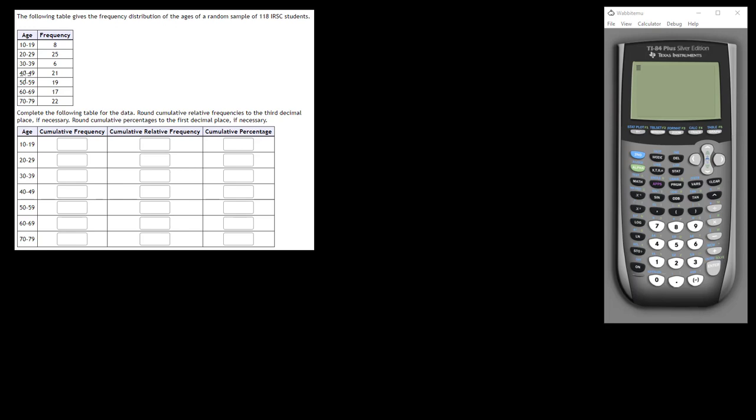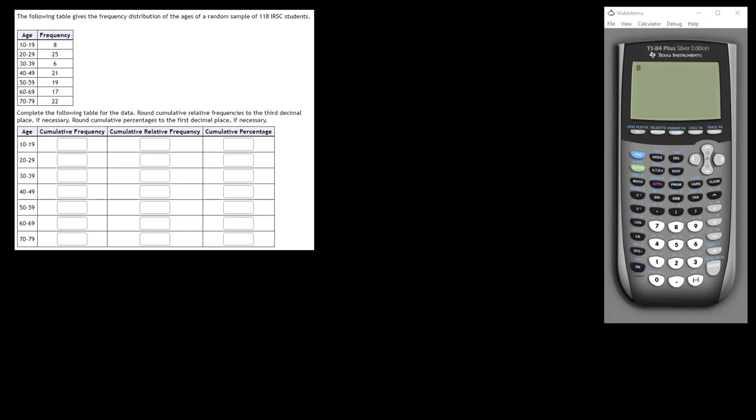So this is grouped quantitative data, by the way. See, there's ages all over the place. The lowest ages are in the 10 to 19 class, and the highest ages are in the 70 to 79. So the ages are all over the place.